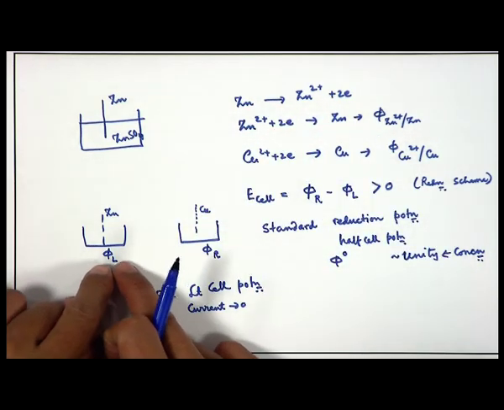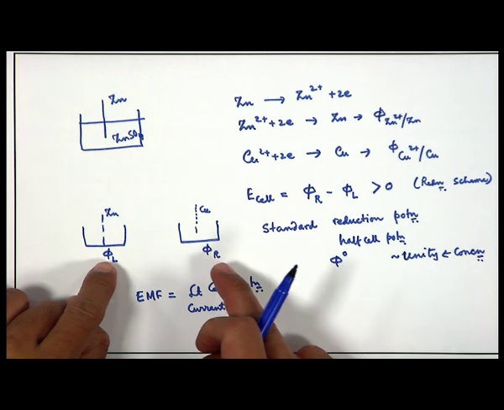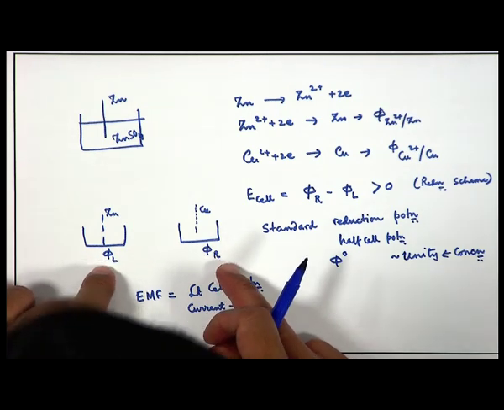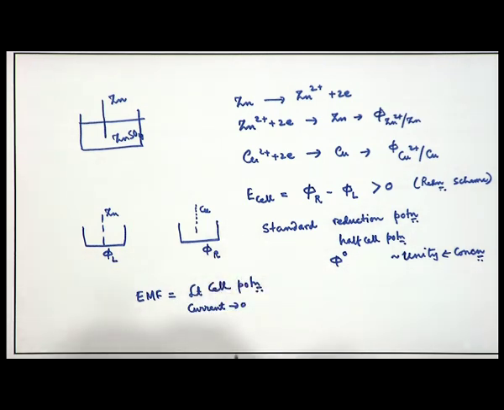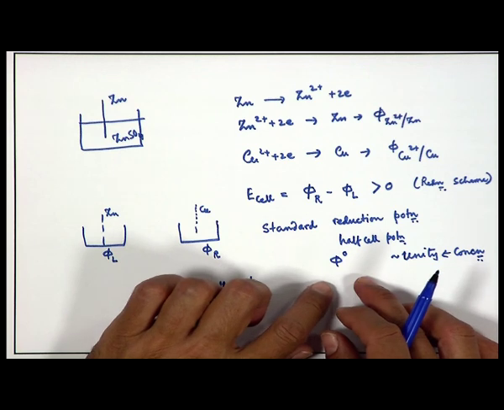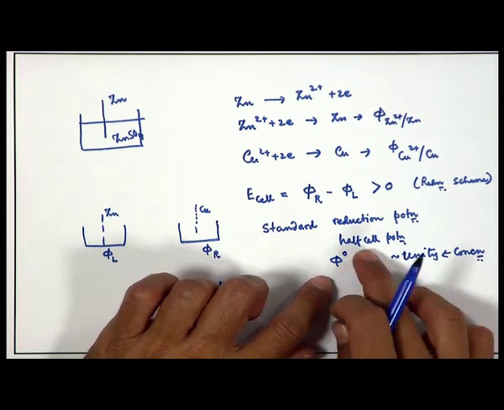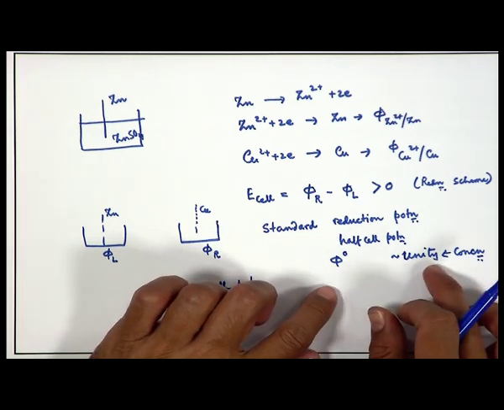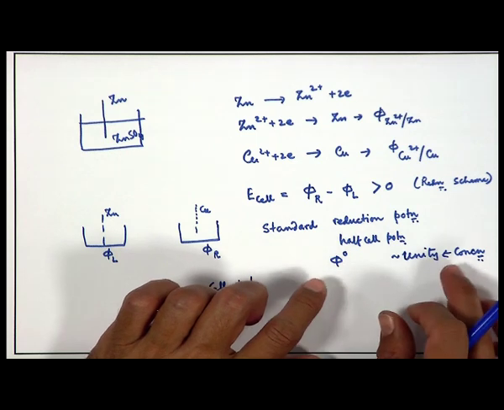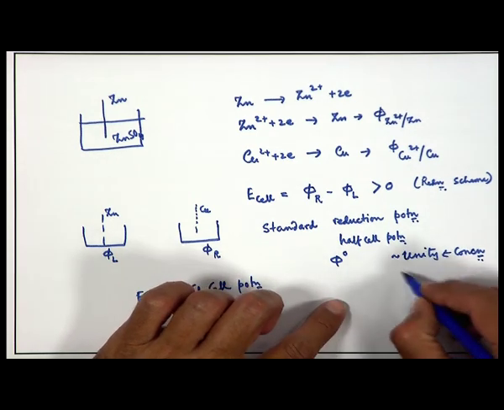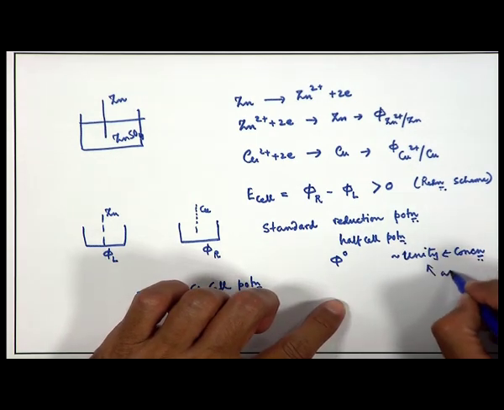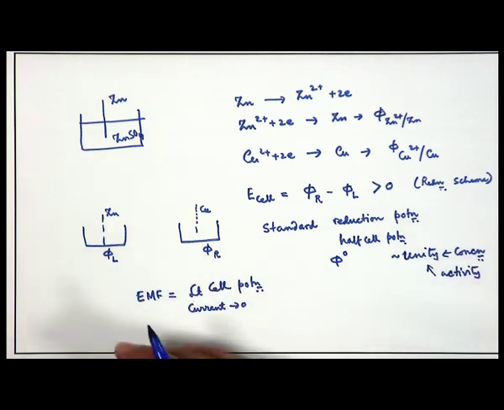So, that is why these phi's used here are reduction potentials. Then another thing we have come across is the standard reduction potential, when the concentration of the active ingredient or the ion is unity, or the activity of the constituent ion is unity.